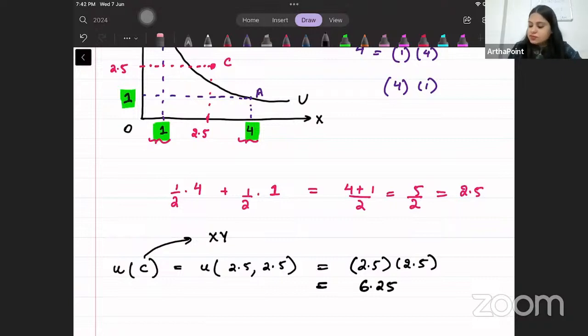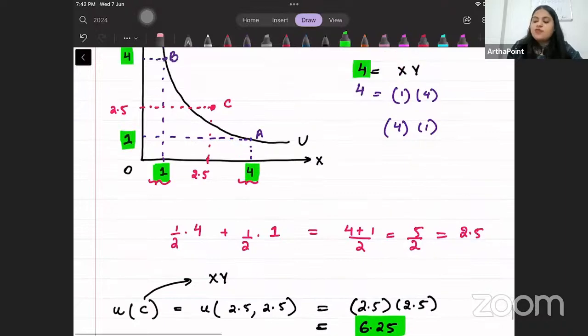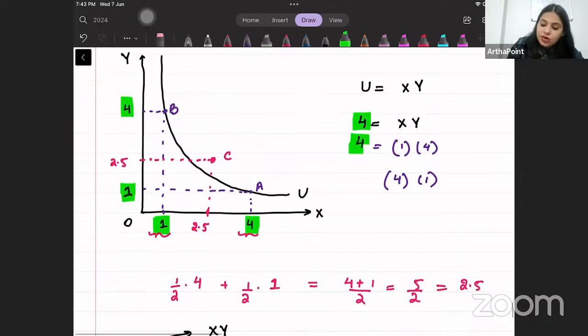This utility of bundle C is clearly more than the utility of bundle A or B, which was 4. That means C will lie on a higher indifference curve.